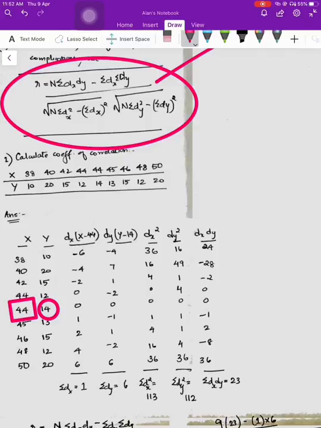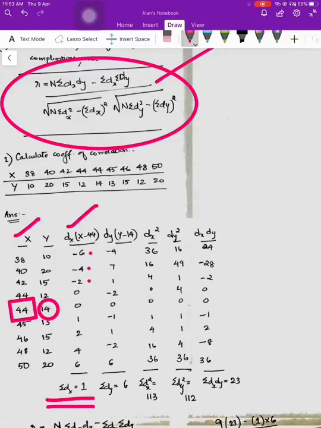So we will be calculating dx initially. What is dx? x minus 44. So 38 minus 44 will be minus 6. Then we have 4 minus 4, minus 2, like that we will go down, and we will get the summation of sigma dx, that will be 1.